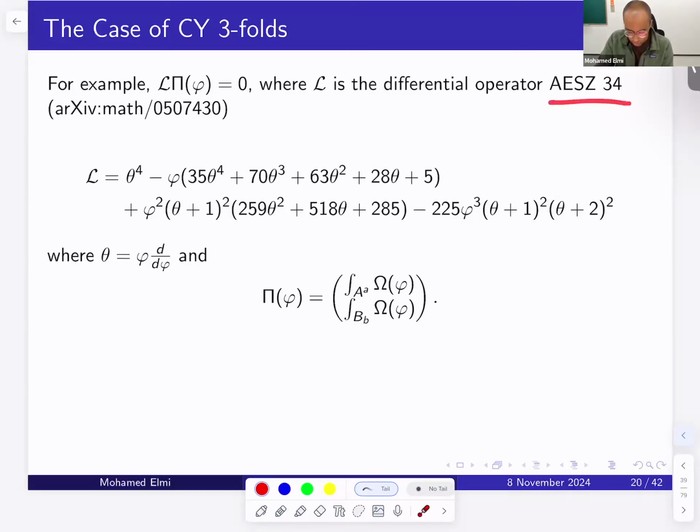It's AESZ 34, and AESZ stands for Almkvist, van Enckevort, van Straten, and Zudilin. Picard-Fuchs equations are very important things. There's a lot you can do with them. You can study topological strings, and there's also a lot of arithmetic geometry that comes from these differential equations.